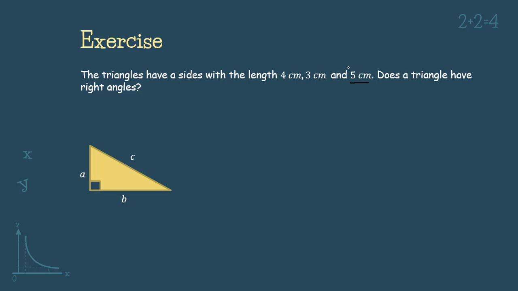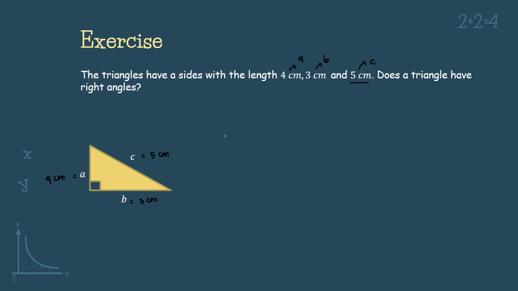We name it C, and for the other two sides, we name them A and B. So A is 4, B is 3, and C is 5 cm. We can write it here: C with 5 cm, B with 3, and A with 4 cm.